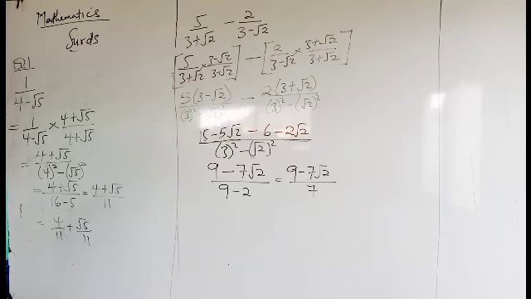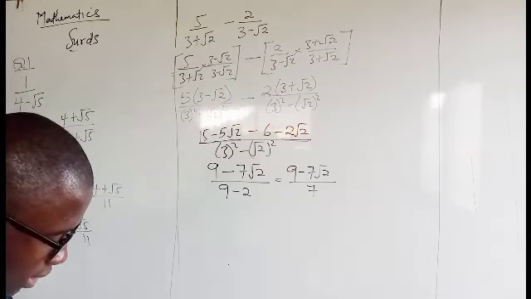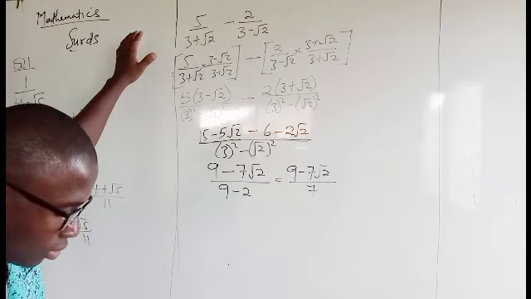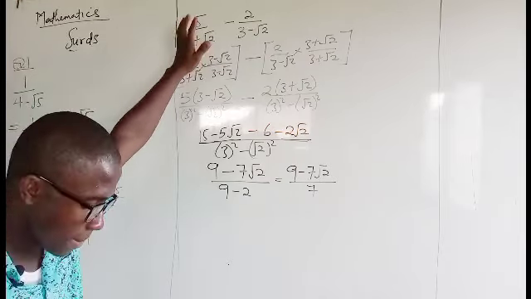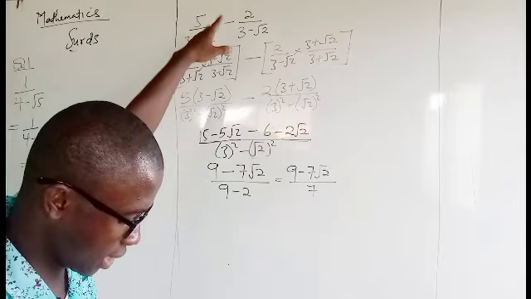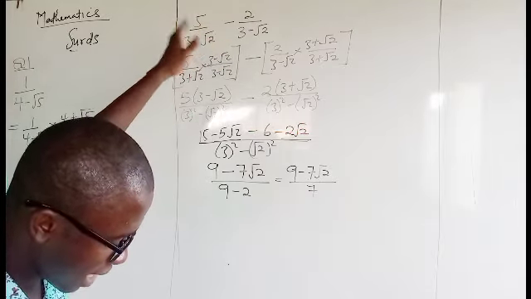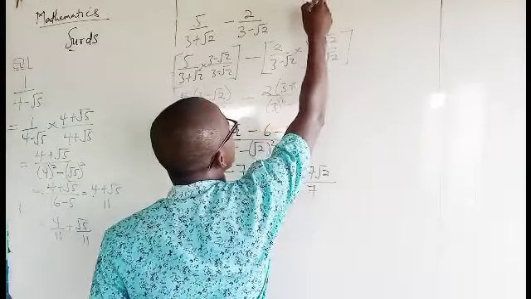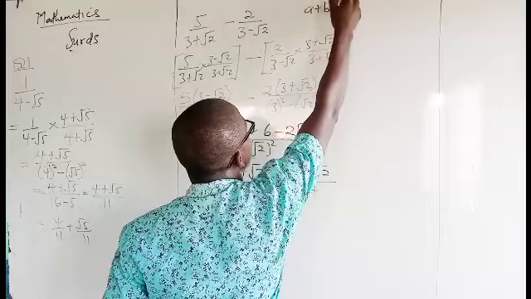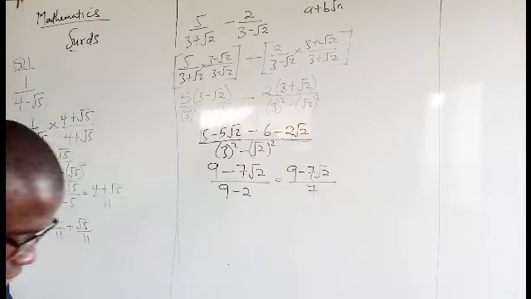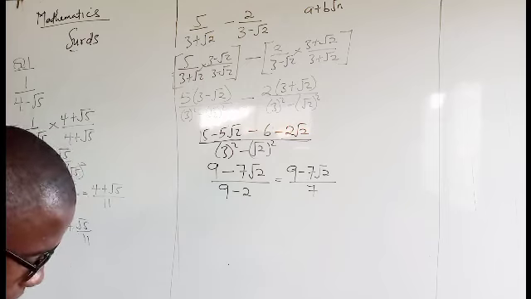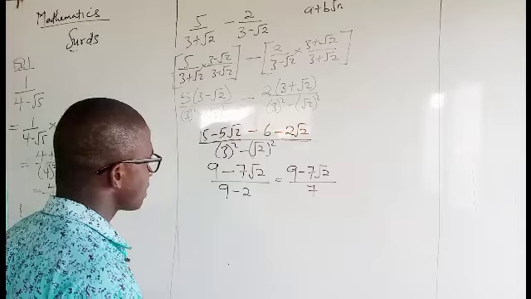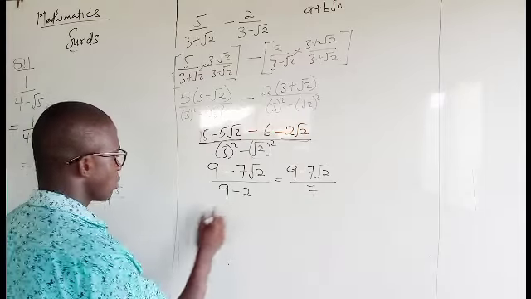So now the question says simplify 5 over 3 plus root 2 minus 2 over 3 minus root 2, leaving your answer in the form a plus b root n. So this was the condition, where a, b, and n are constants. Okay, so let's represent it in this form. Let's split this.